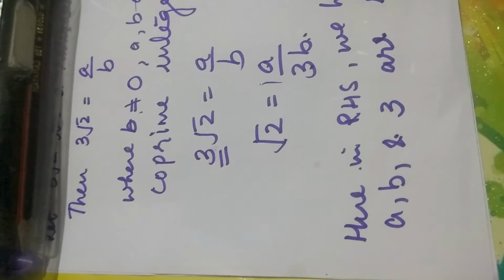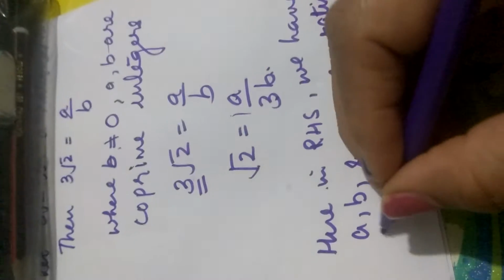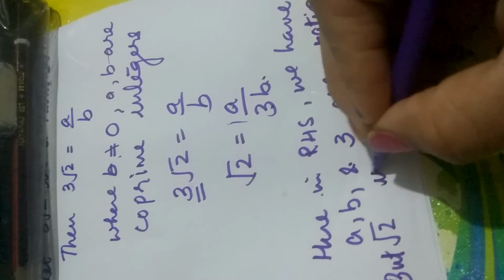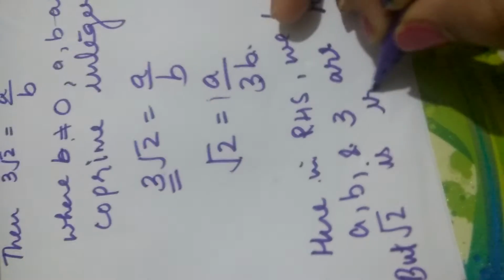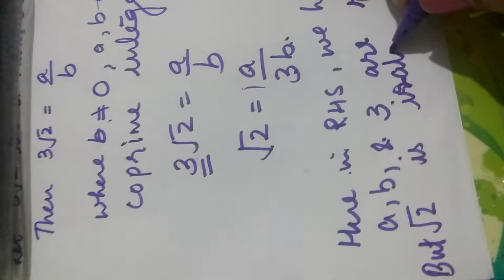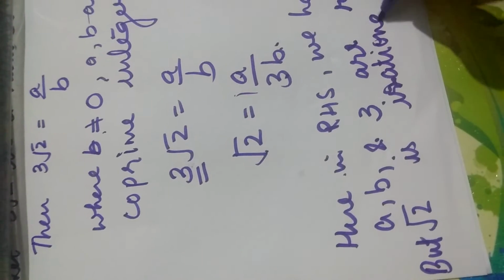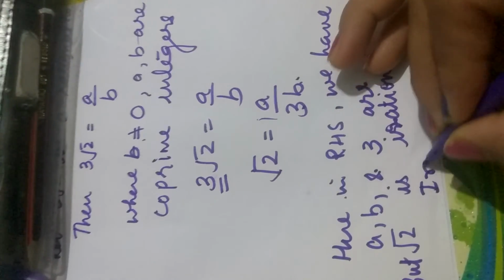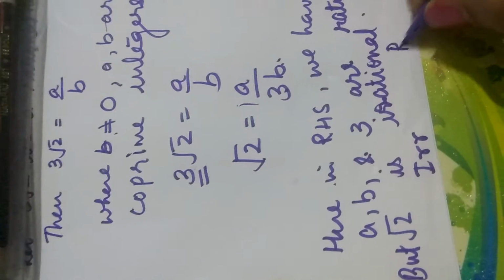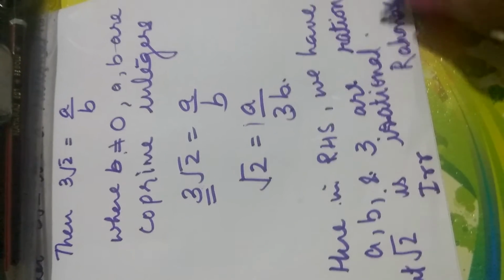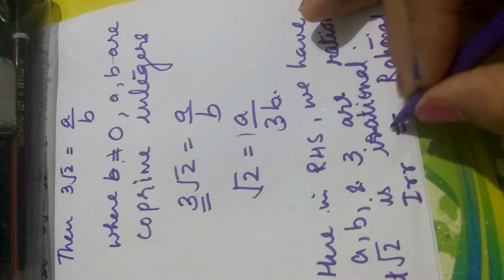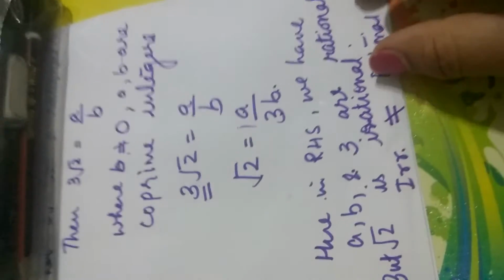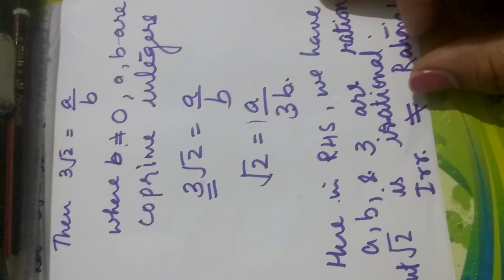So RHS is completely rational, but root 2 is irrational. So in this equation we have irrational on one side and rational on the other side, which cannot be equal. An irrational LHS cannot be equal to a rational RHS.